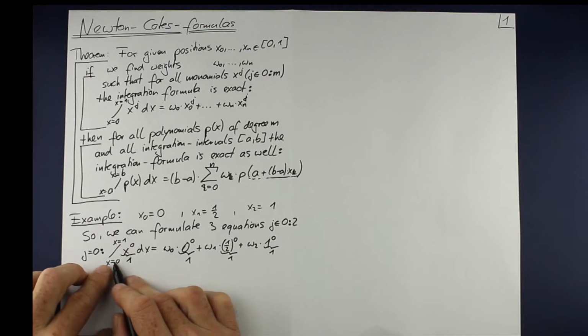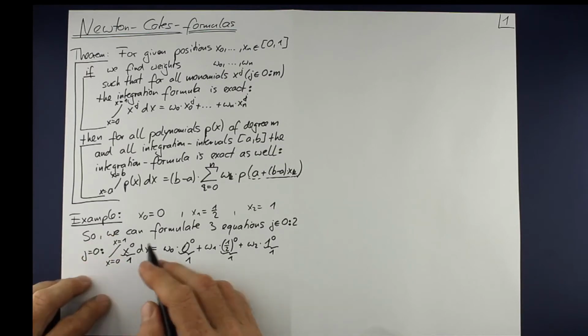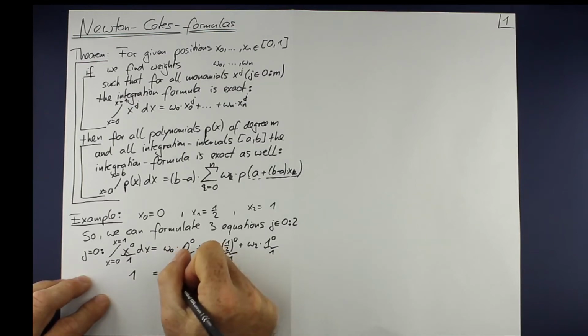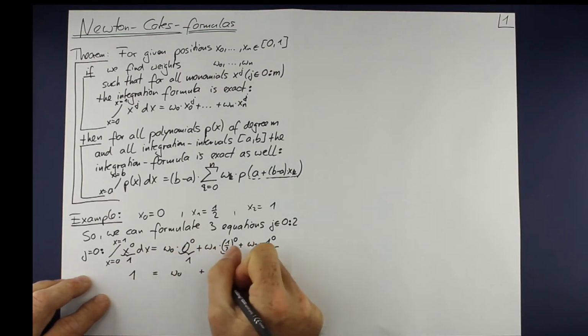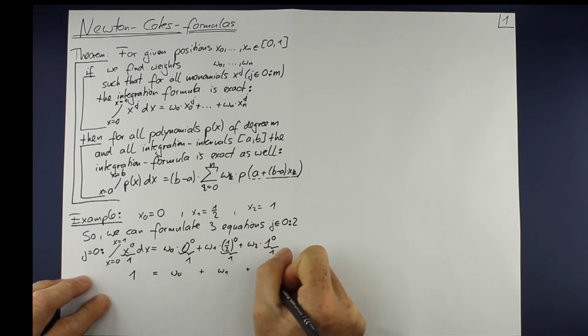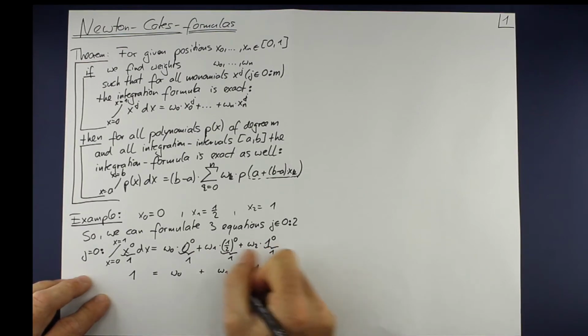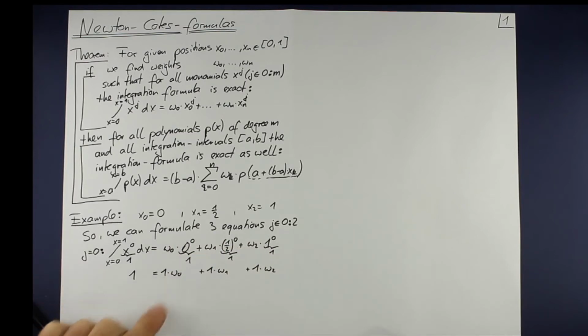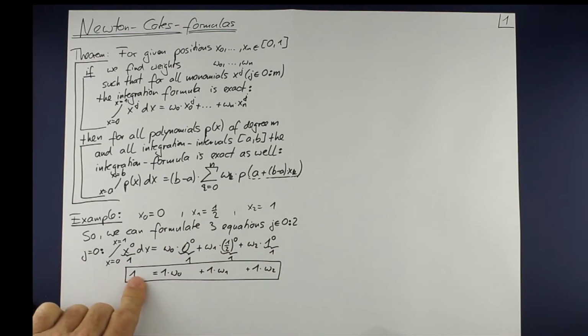We integrate from 0 to 1 the constant 1 function. So here we have a 1. And here we have omega 0 plus omega 1 plus omega 2, and each weight is multiplied by 1. And this is our first equation, equation number 1.